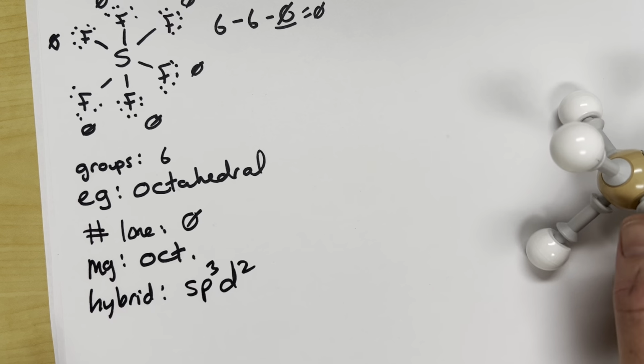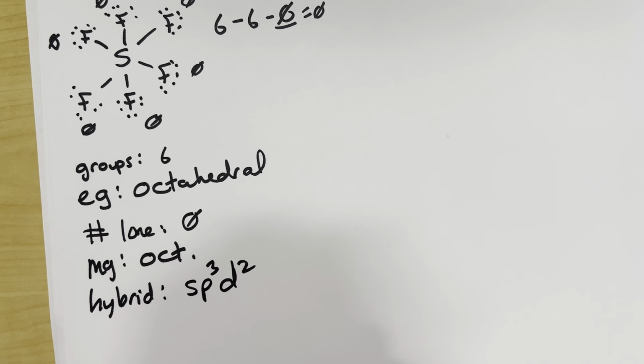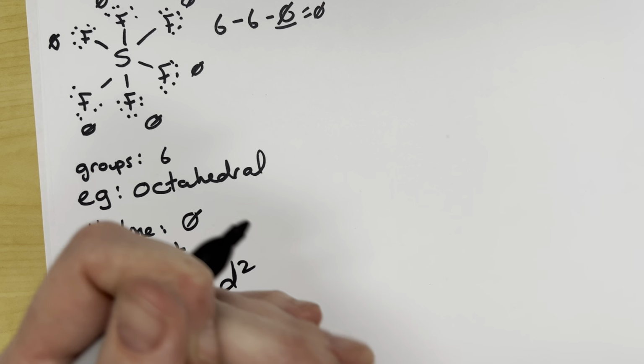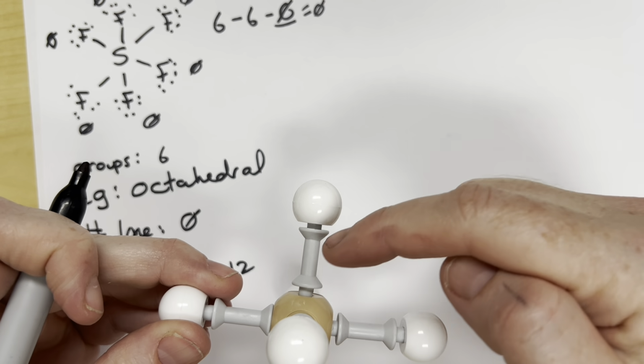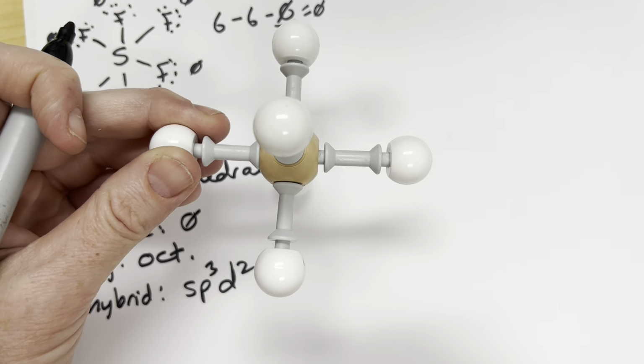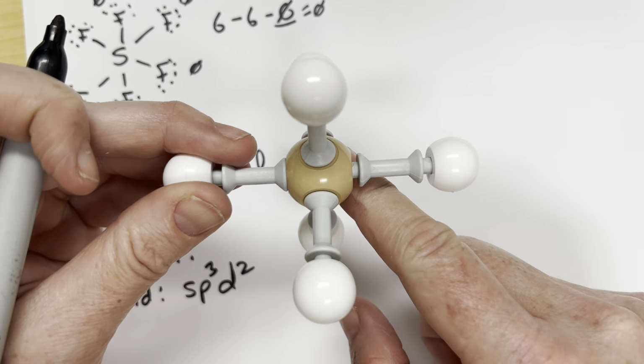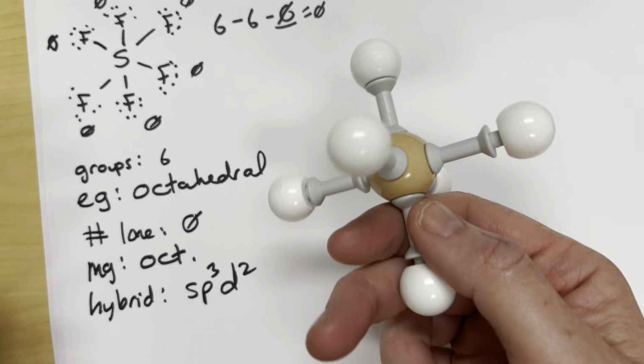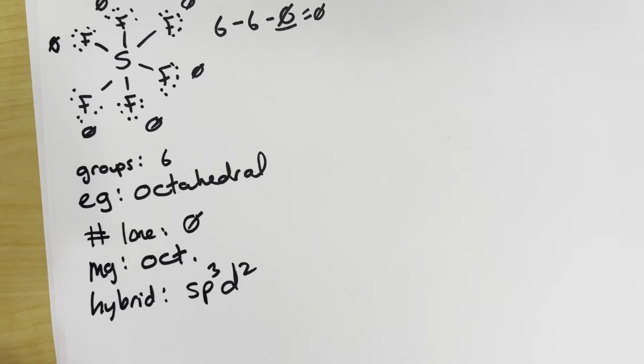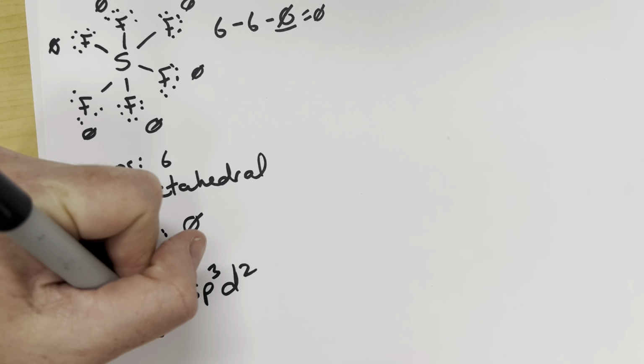And then polarity-wise, all of these are the same thing. They're all fluorines. So hopefully you agree, if this one's pulling back, and if this one's pulling back, this one up here is pulling, this one down here is pulling back. So they all have counteracted force. So this would be nonpolar.